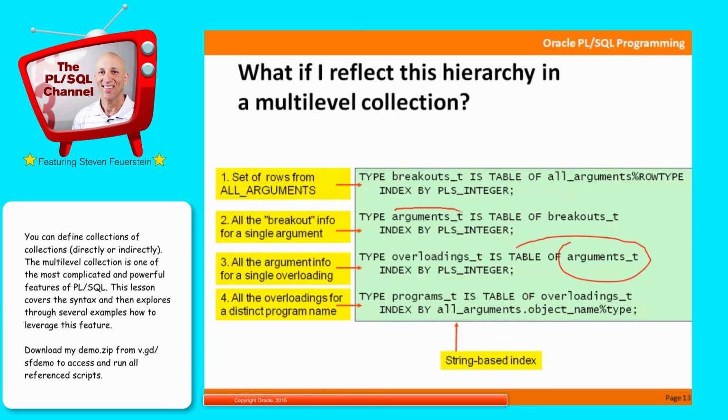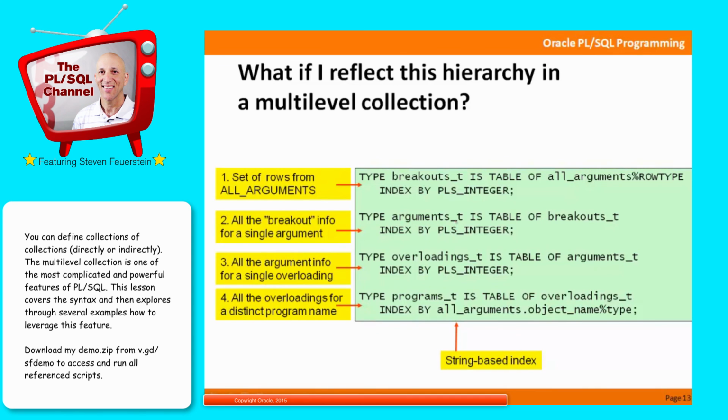Each argument or parameter has a position in the list, so it's indexed by integer. And that has a table of breakouts. The breakouts are the actual rows in the all arguments table. For a scalar parameter, it's a 1-to-1 relationship. There's one breakout per argument. But for non-scalars, I might have multiple rows of information for a single argument. So there's my 4-level nested collection.